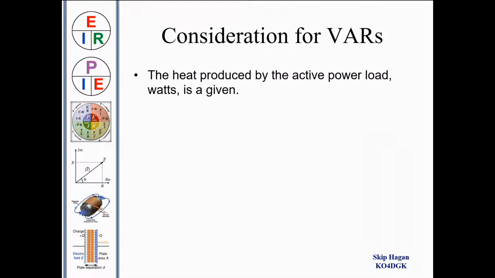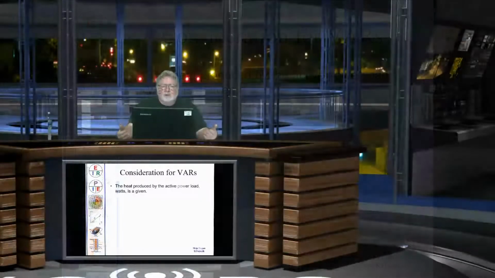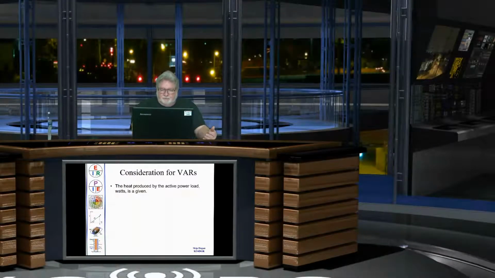The heat produced by reactive power has to be dealt with in the system. We have to be able to get rid of the heat that's produced so that we don't burn up the equipment.